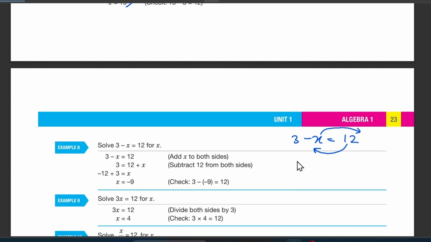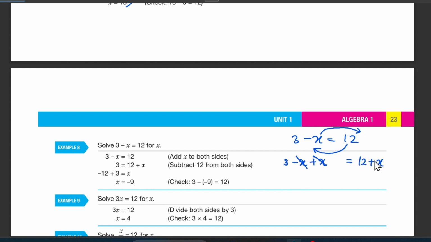Let's see how we can do that. 3 minus x. So we have to get this x to the other side now. And then we can add plus x to both sides. 12 plus x. Okay. Now these two cancel out.